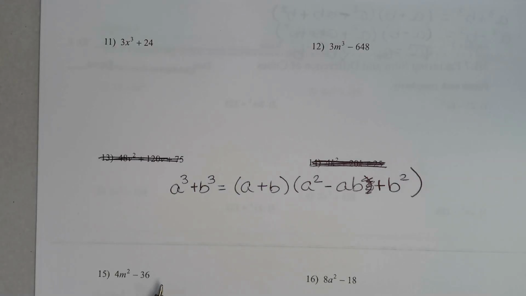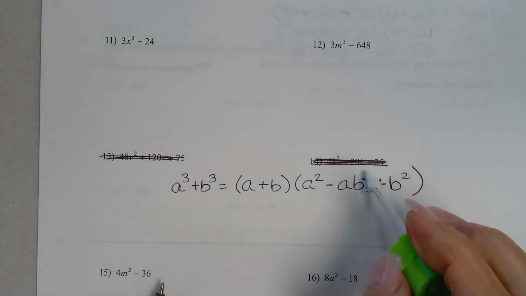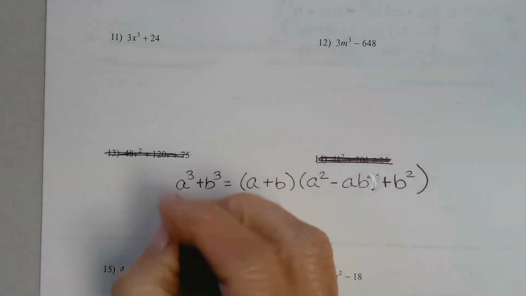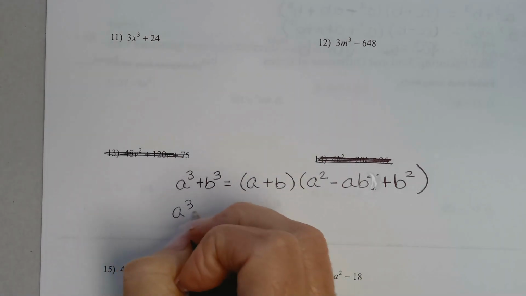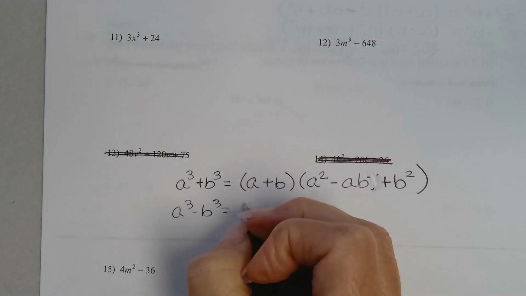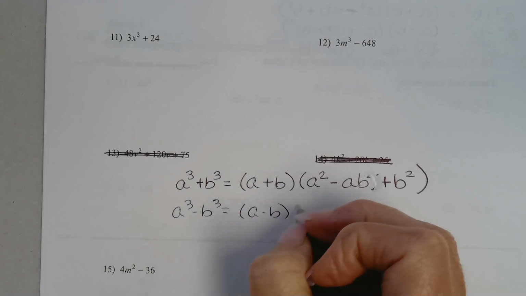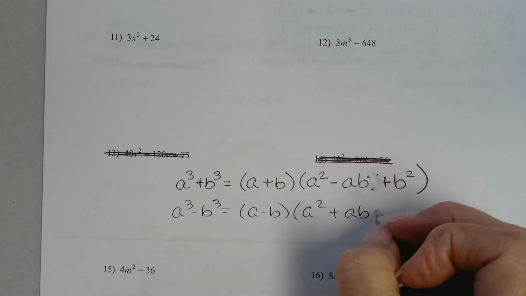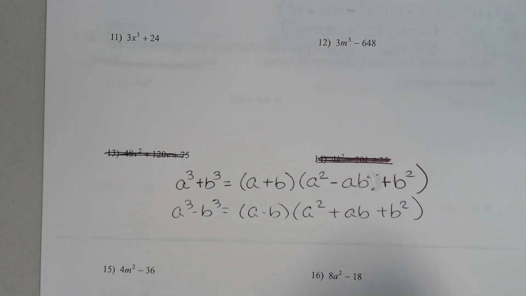Then your difference of cubes, if you have a subtraction sign between them, will be a minus b times a squared plus ab plus b squared.